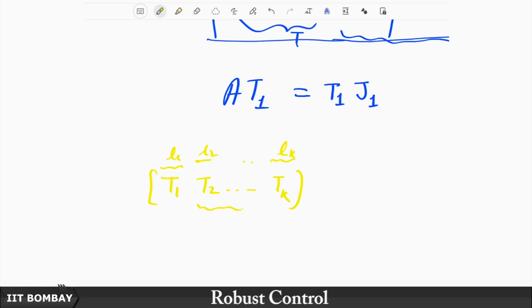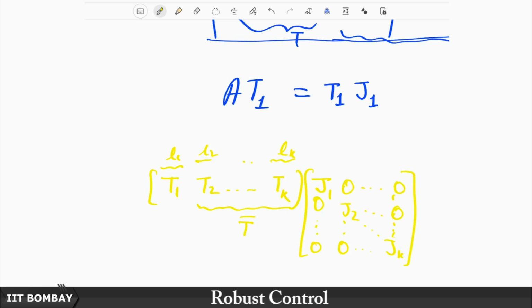Of course, I was earlier considering this entire thing to be like T bar. So this is of size n minus Lk, n minus L1, I am sorry, right. And now if we consider this J1, J2 likewise till Jk, so these sizes are all compatible. So this is 0, right.